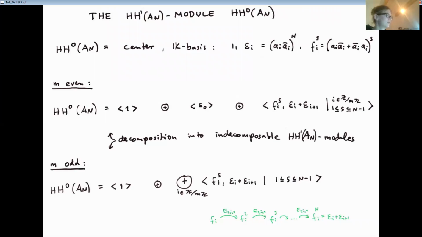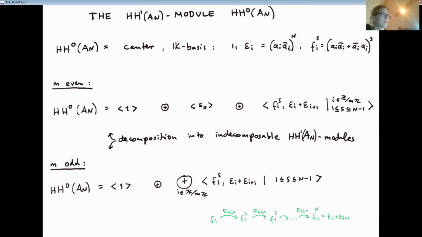First again, let's look at what Snellsche and Taillefer obtained for the description of the center of the algebra AN. This one has a basis given in terms of the identity generator, the 1.